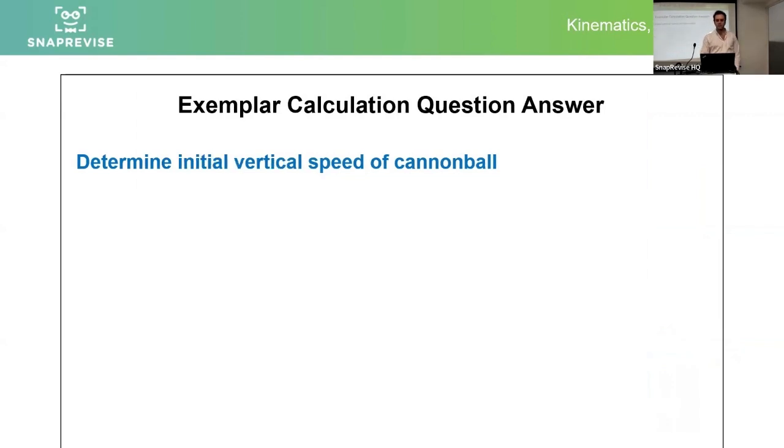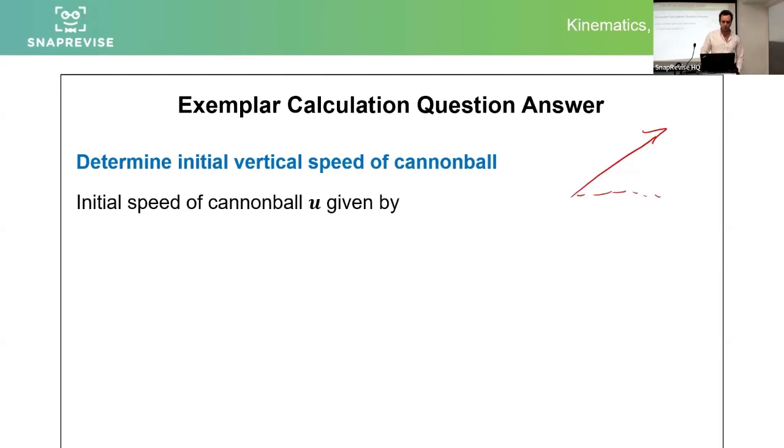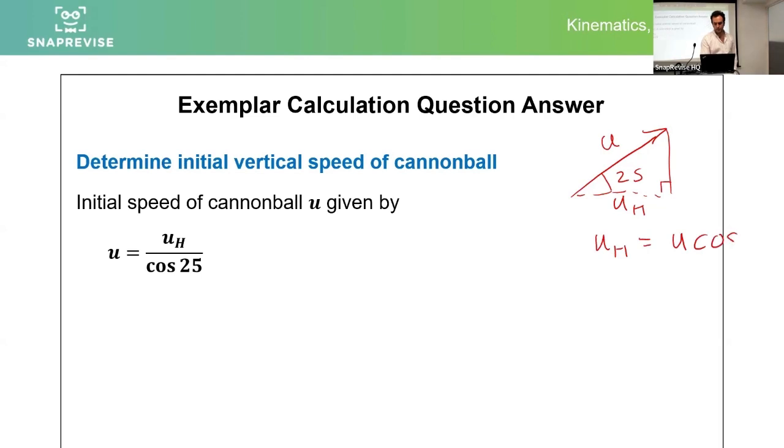But we are asked for the total initial speed. So we know what UH is, and we know that this angle is 25 degrees. Right angle triangle, trigonometry. UH is going to be U cosine 25.